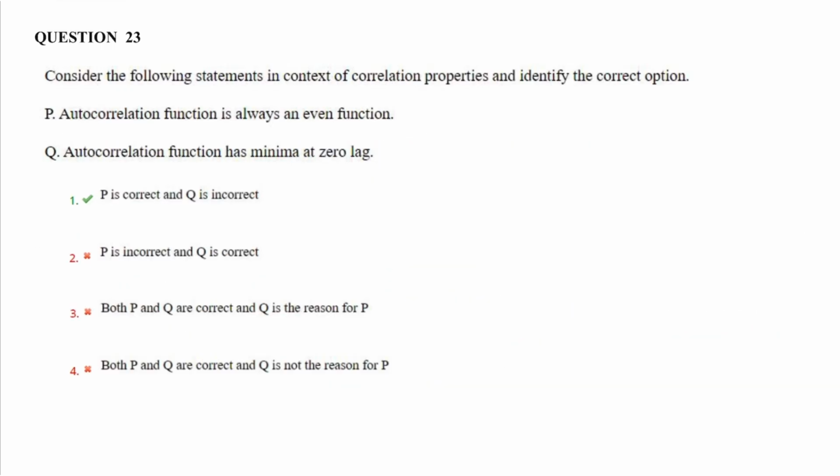Next question. Autocorrelation function is always an even function. True. So the autocorrelation function r of tau is equal to r of minus tau, or we can also write R xx of tau is equal to R xx of minus tau.